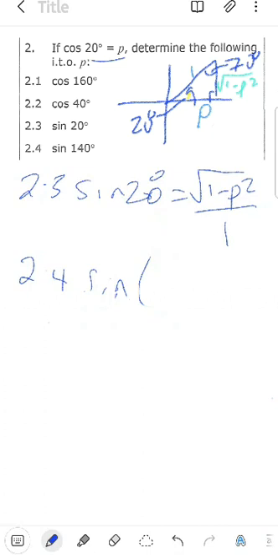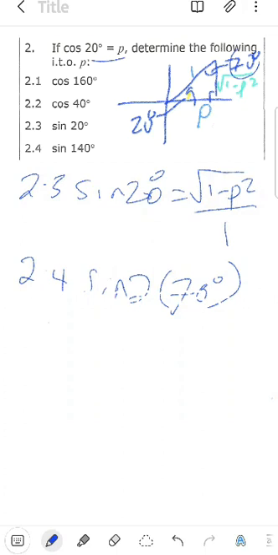You can do this. 70 is the half of 140, so you can have 2 into 70 degrees.